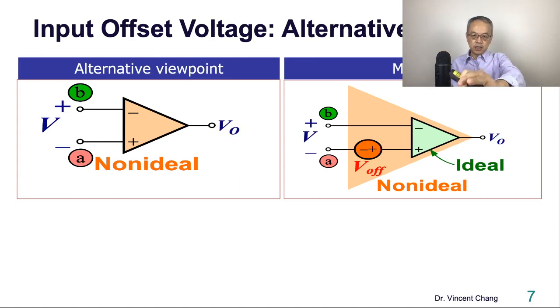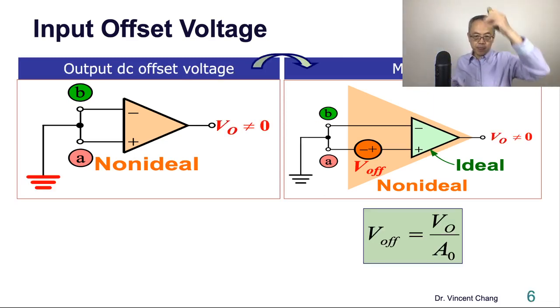Therefore, allow me to move on to the alternative viewpoint. Now you have the first viewpoint, and this is the second, alternative viewpoint. Let's apply a voltage. Let's go back to the previous one. In the previous one, you have the output DC voltage because the input terminals are grounded.